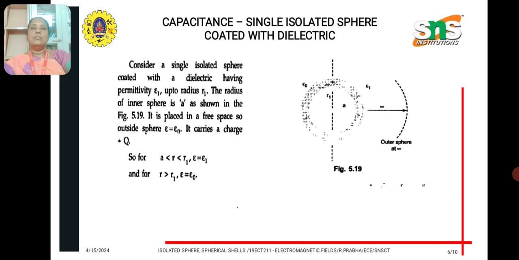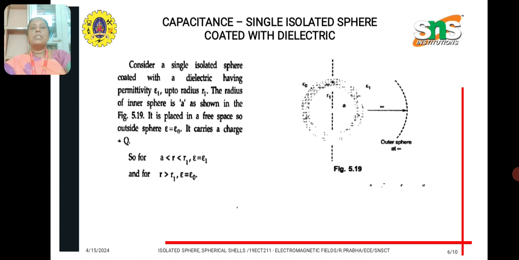And next, the third case, we are going to see the capacitance of a single isolated sphere, but coated with a dielectric material. In this case, consider a single isolated sphere, and as in the previous case, the outer sphere is considered to be at a very large distance, infinitely large. So the single isolated sphere is coated with a dielectric having the permittivity epsilon 1. This dielectric material extends up to the radius R1.